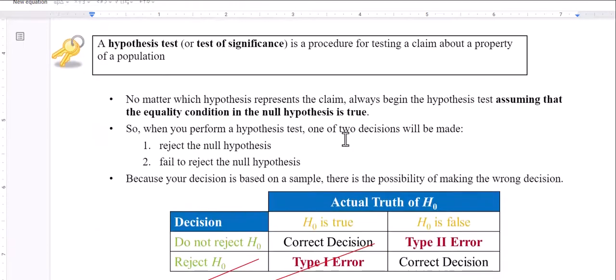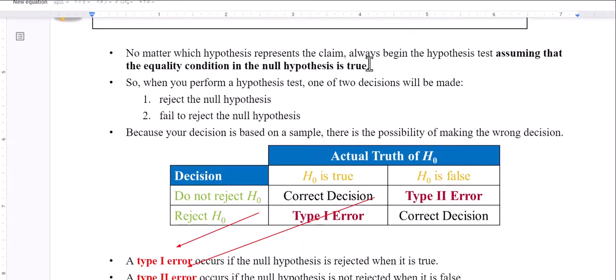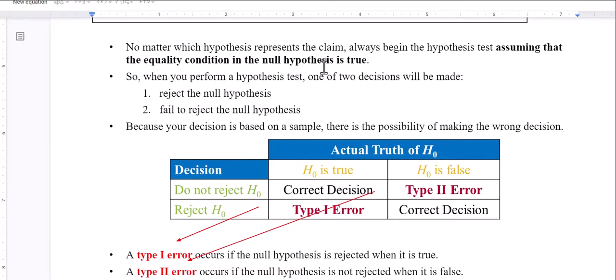So it doesn't matter which one is the claim. Always begin the hypothesis test assuming that the null hypothesis is true. And then we perform the test of significance. And so one of two decisions will be made.